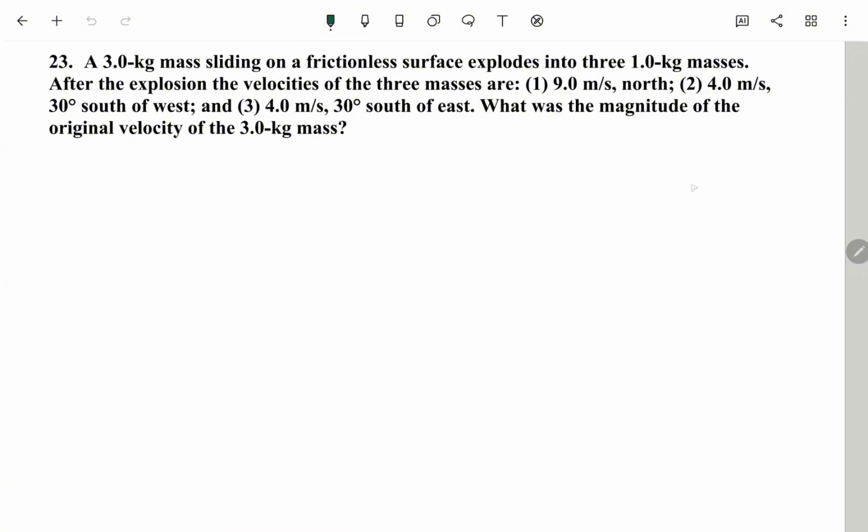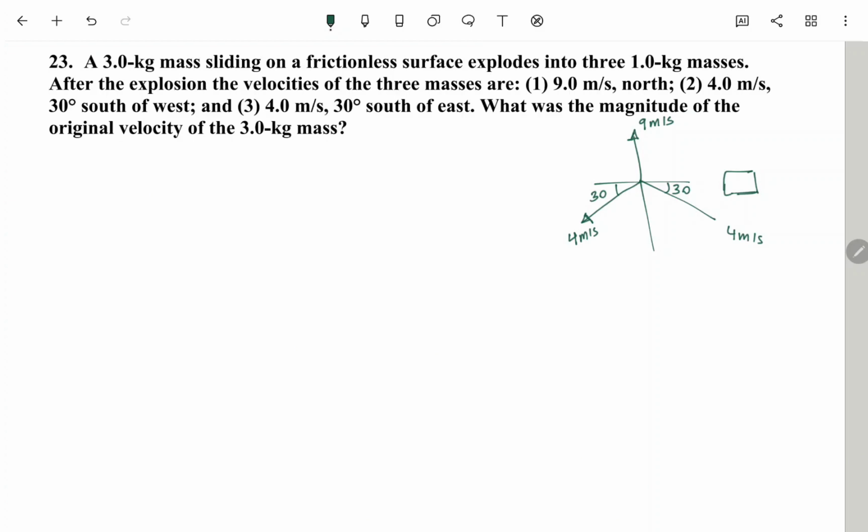Now, here's the situation. We have an object. This object here explodes into 3 pieces, with this x and y, one like this one here, making 30 degrees south of west with speed equal to 4 meters per second, and this one right here making 30 degrees with 4 meters per second, and this one going north with 9 meters per second.